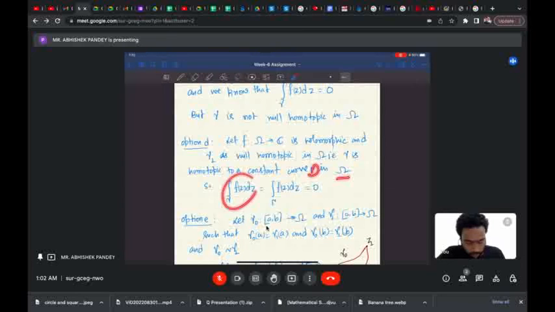So this integral will be the same as the integration over the constant curve of a holomorphic function. So this will be 0.